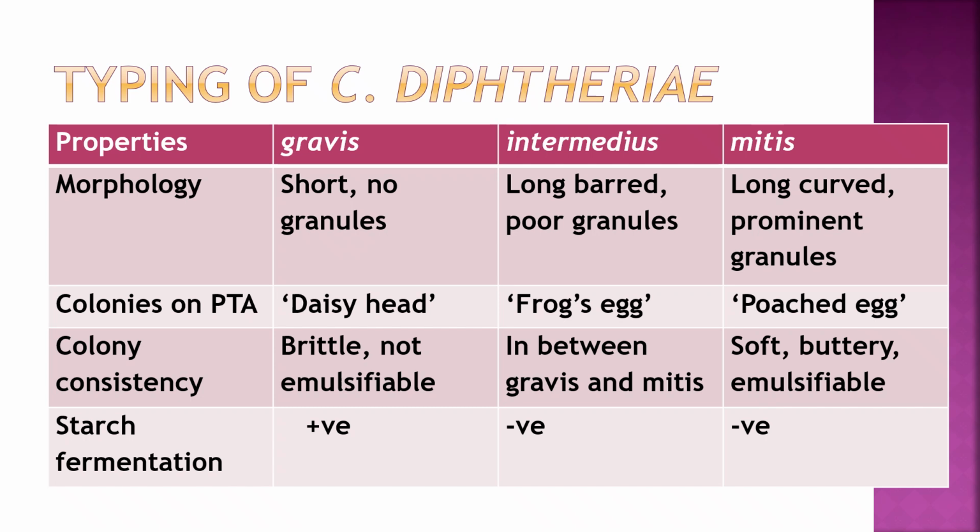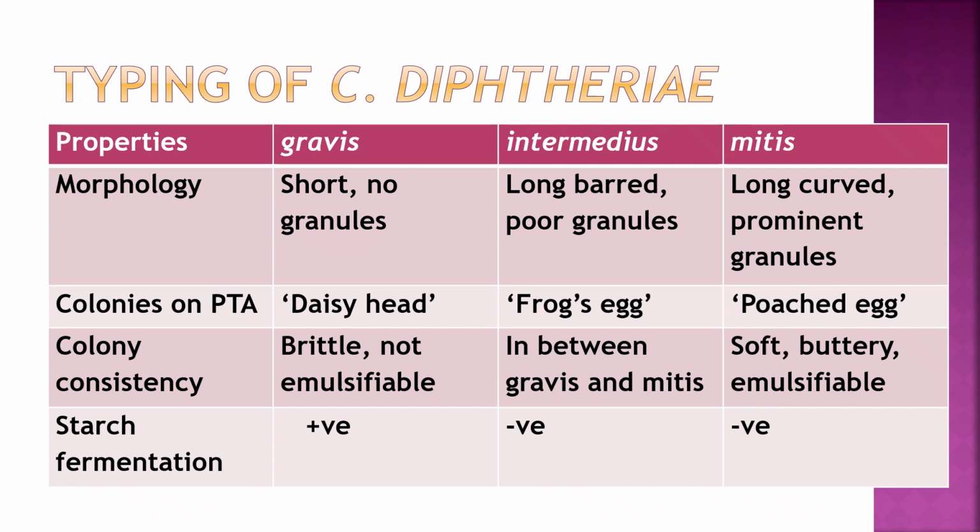The biotypes of Corynebacterium diphtheriae are 3: Gravis, intermedius and mitis. Morphologically, Gravis is short with no granules, intermedius is long barred with poor granules, and mitis is long curved with prominent granules. Colonies on blood potassium tellurite agar: Gravis shows daisy head type colony, intermedius frog's egg like colony, and mitis shows poached egg colony.